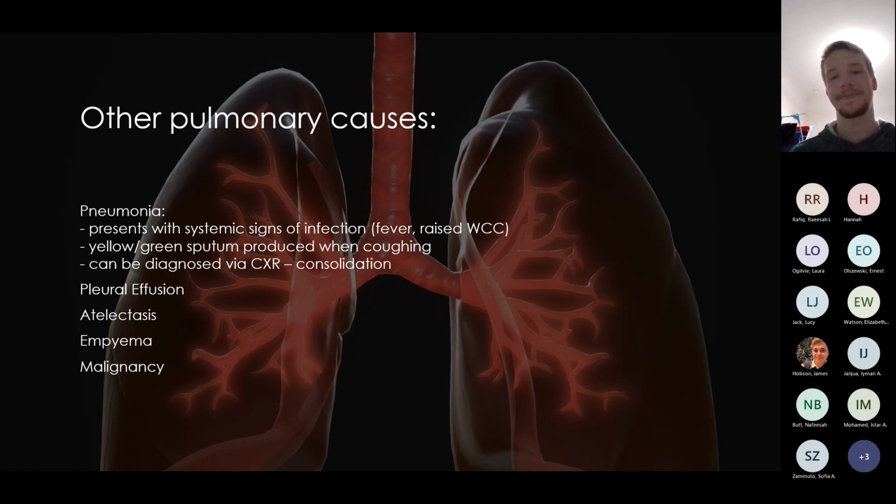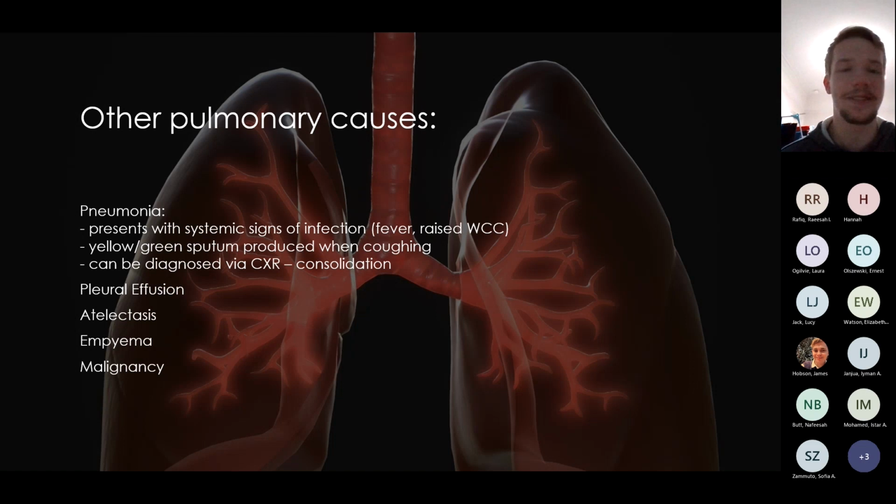So on this slide, I've gone more towards the lungs and the pleura. Costochondritis would cause that sharp pain, but again, that'd be more to do with the cartilage of the ribs than the actual lungs. Effusion. Yeah. So the main other one you're thinking is pneumonia.